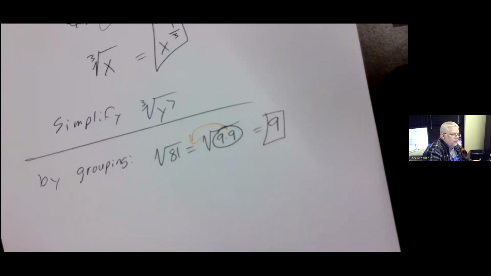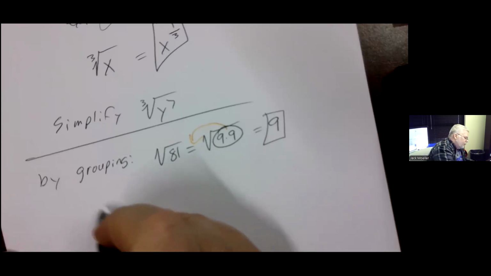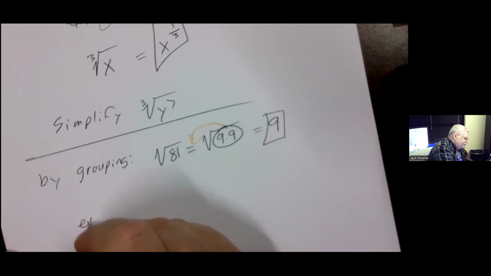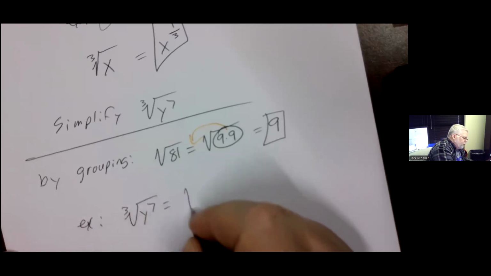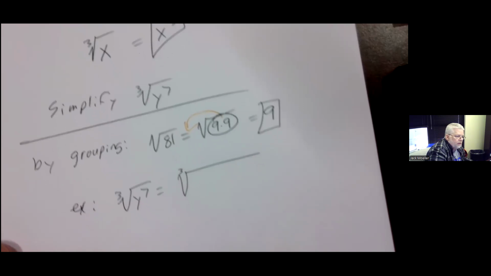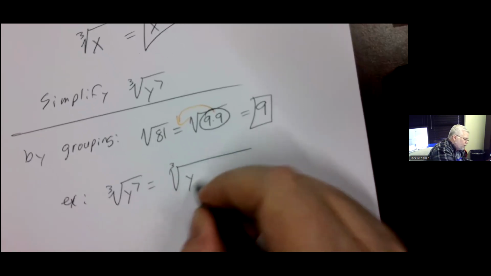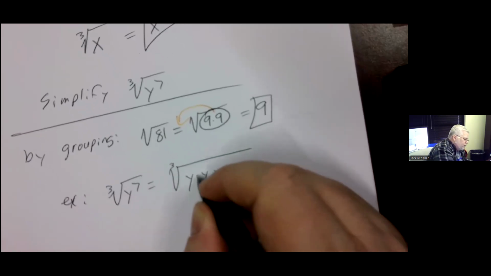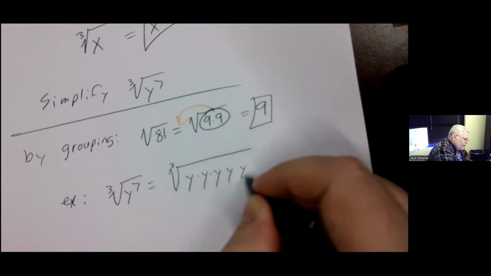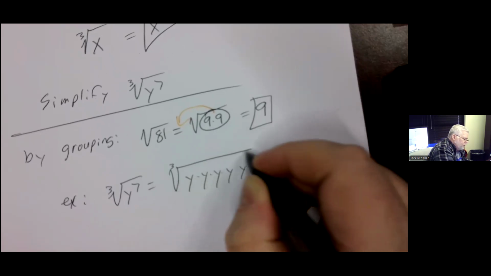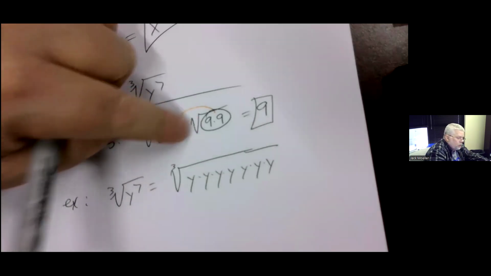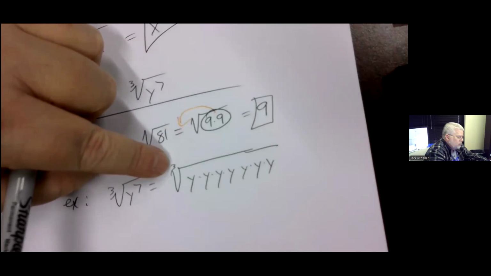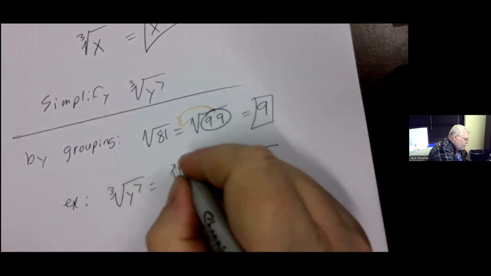So let's do the cube root of y to the 7th the same way. First of all, y to the 7th is 7 y's, so write that out: 1, 2, 3, 4, 5, 6, 7. Since we're doing a cube root, we're not looking for pairs like with square roots. We're looking for triplets, so we want 3 of a kind.